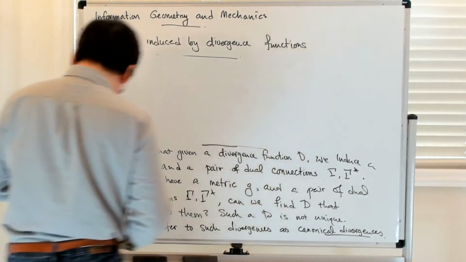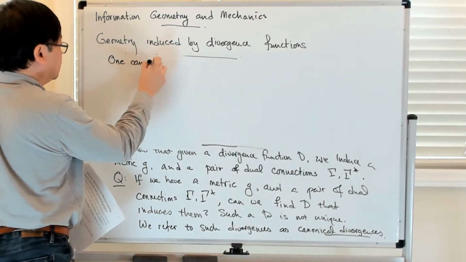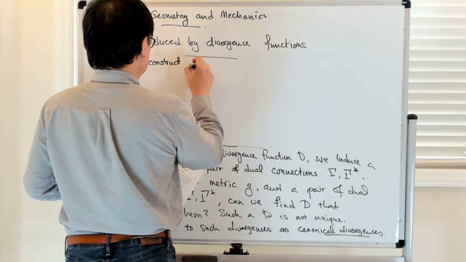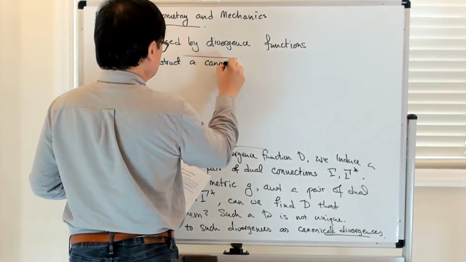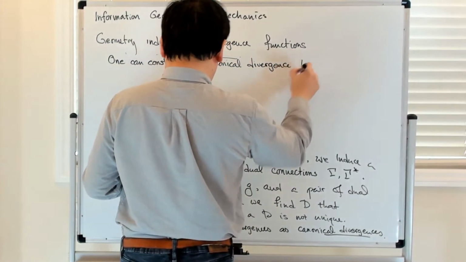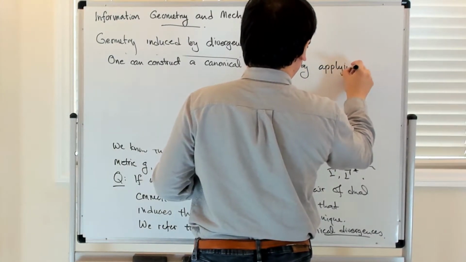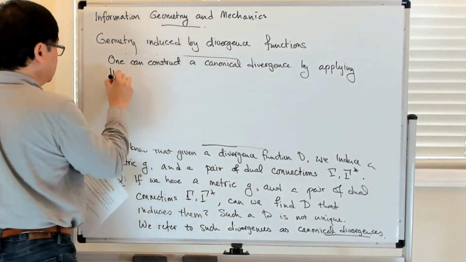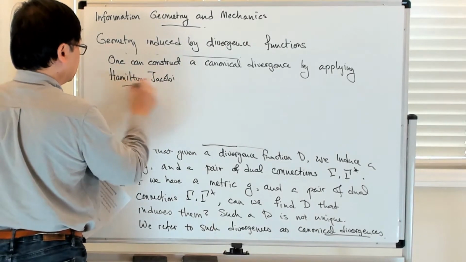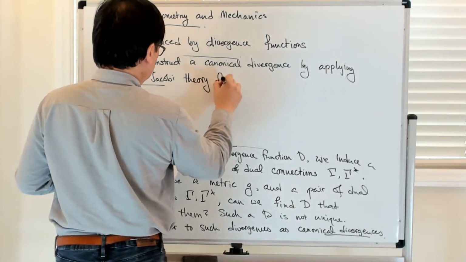It turns out that one can construct such a divergence function, a canonical divergence, by applying Hamilton-Jacobi theory for the following Lagrangian.